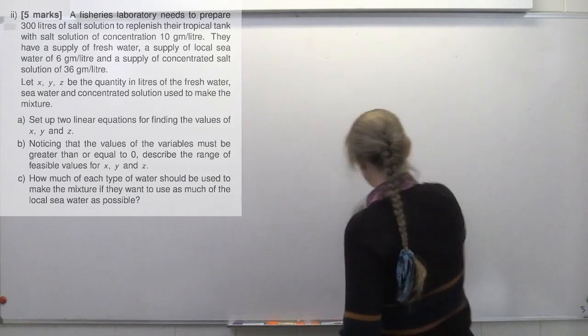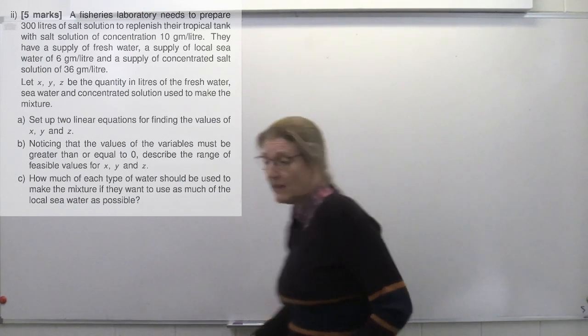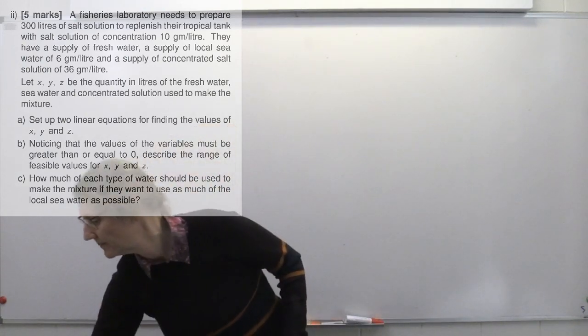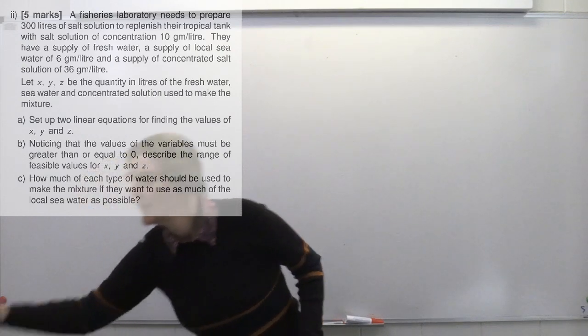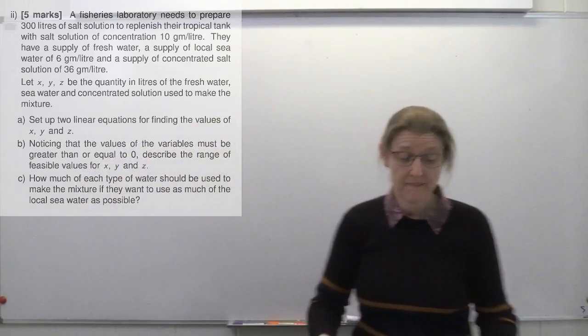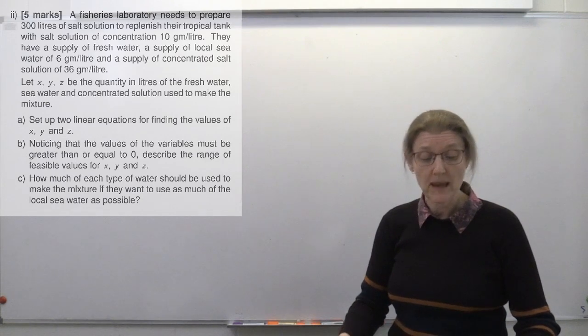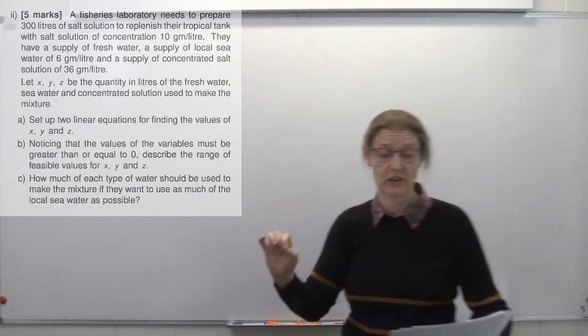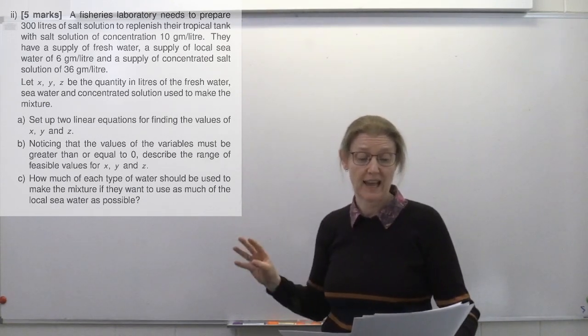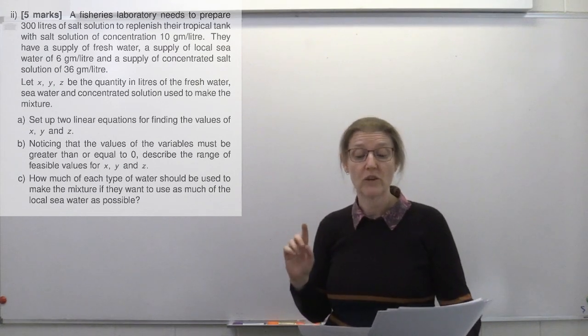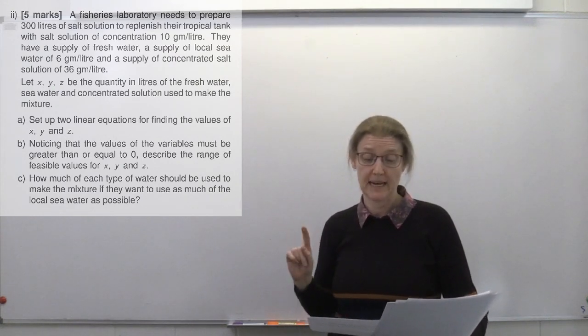All right, so let's look at the question. It says, a fisheries laboratory needs to prepare 300 litres of salt solution to replenish their tropical tank with salt solution of concentration 10 grams per litre.